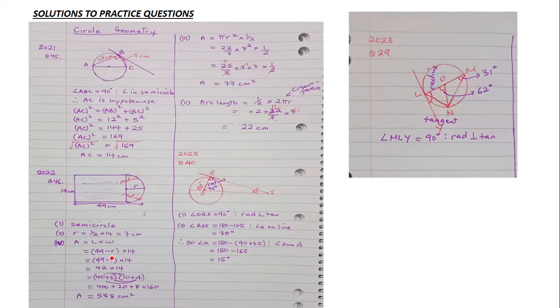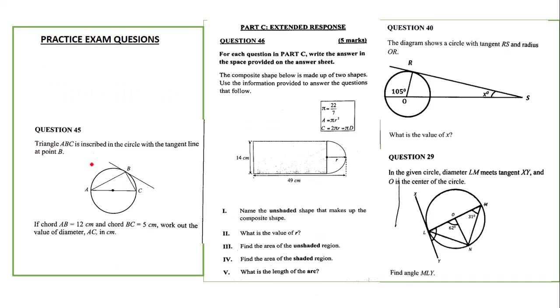So in the first question, it says triangle ABC is inscribed, meaning it is drawn inside a circle with a tangent at point B. The tangent joins the circle at point B. If chord AB is 12 and chord BC is 5, work out the value of diameter AC.